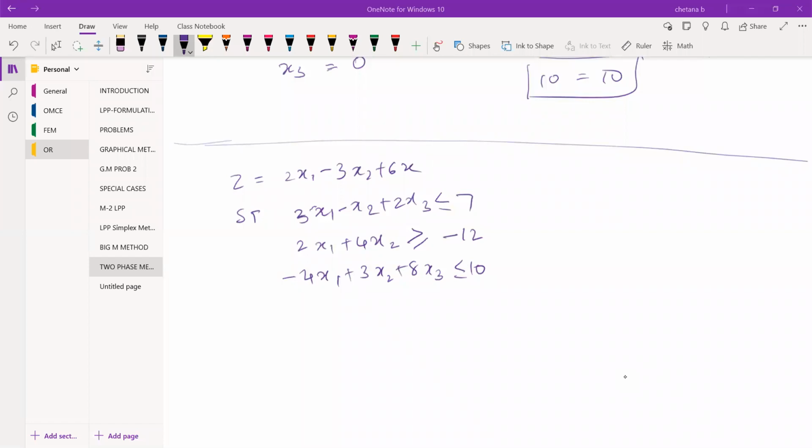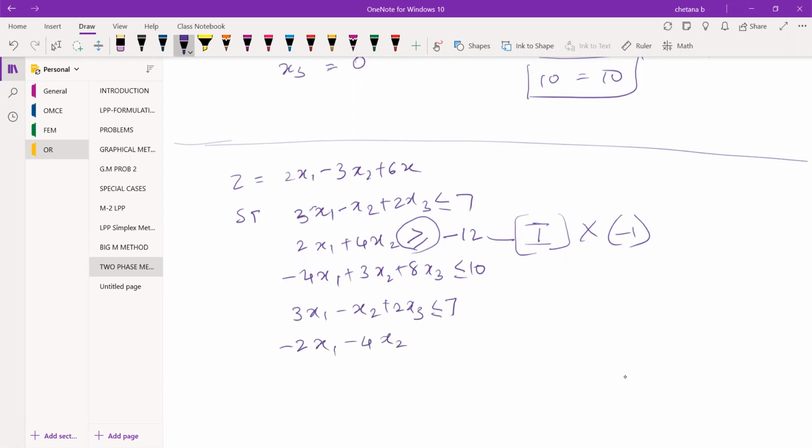This is greater than or equal to, so for the simplex, you need to multiply this constraint with minus 1. So 3x1 minus x2 plus 2x3 less than or equal to 7, minus 2x1 minus 4x2 less than or equal to plus 12. Third constraint is as it is.